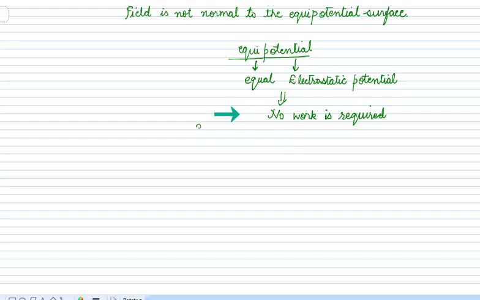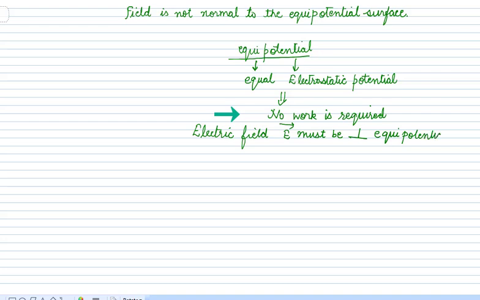So what we conclude from all this theory is that the electric field, which is denoted with the symbol capital E and which is a vector quantity, must be normal to the equipotential surface.